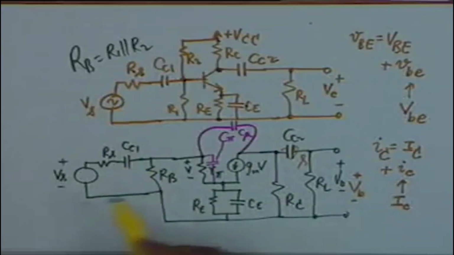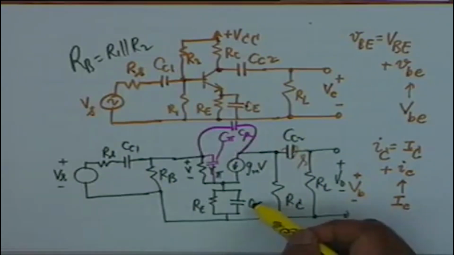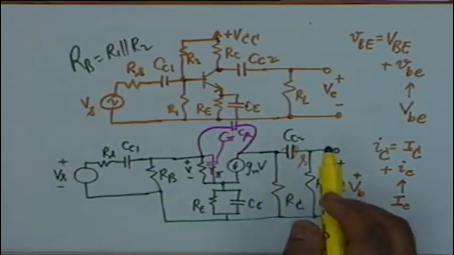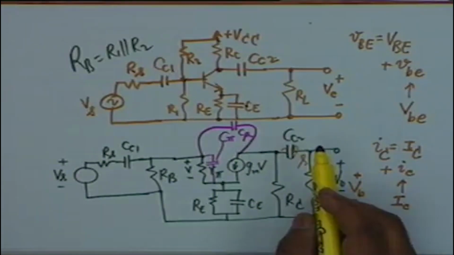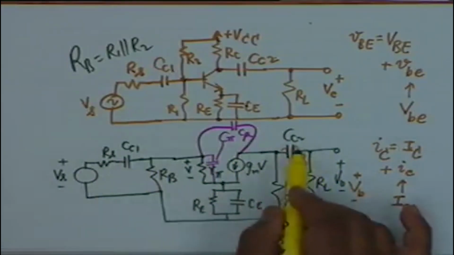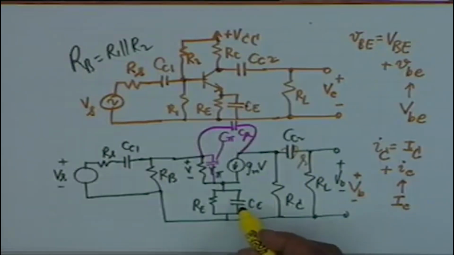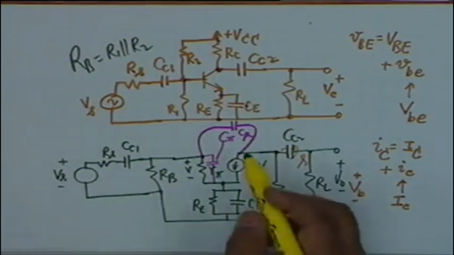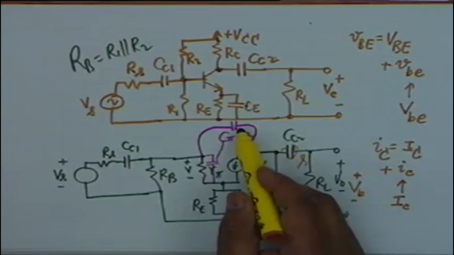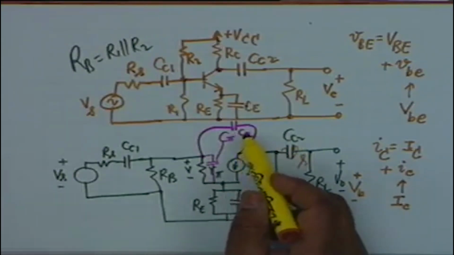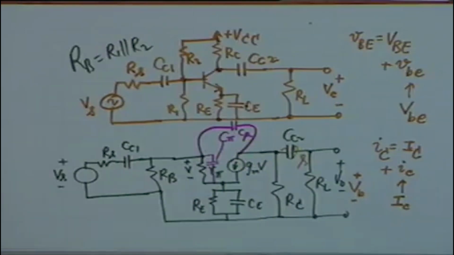These are frequencies at which the effect of capacitances can be ignored, which means that CC1, the two coupling capacitors, CC2 and the emitter bypass capacitor CE, all three act as short circuits. And the internal capacitances, which are very small, act as open, that is C mu and C pi act as open.